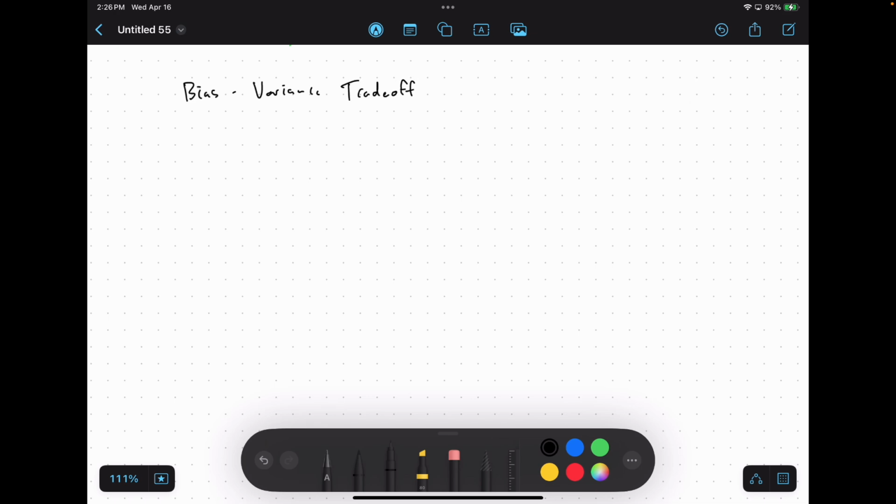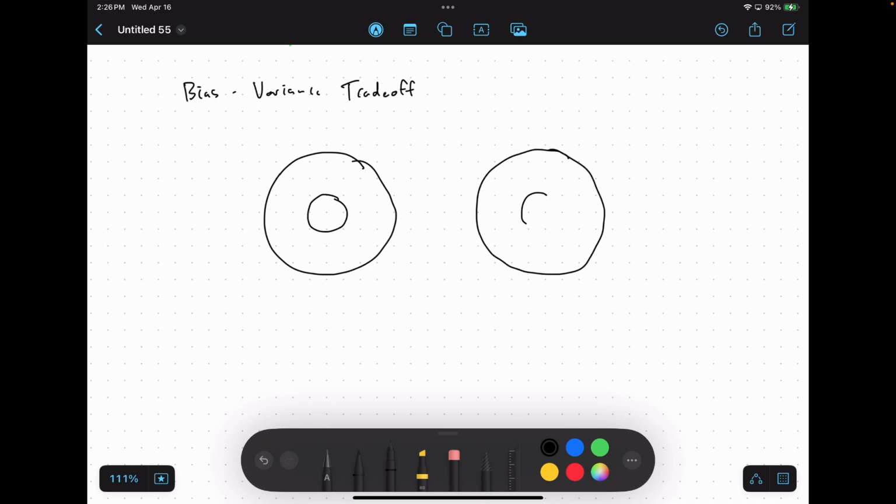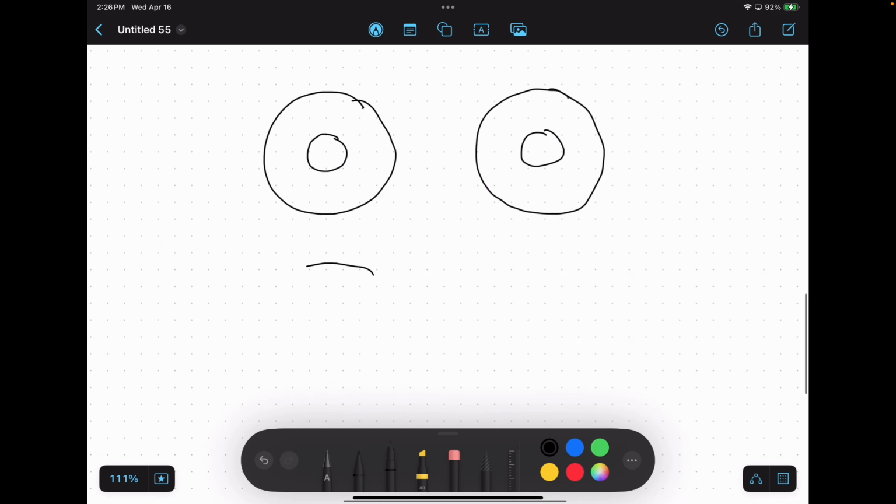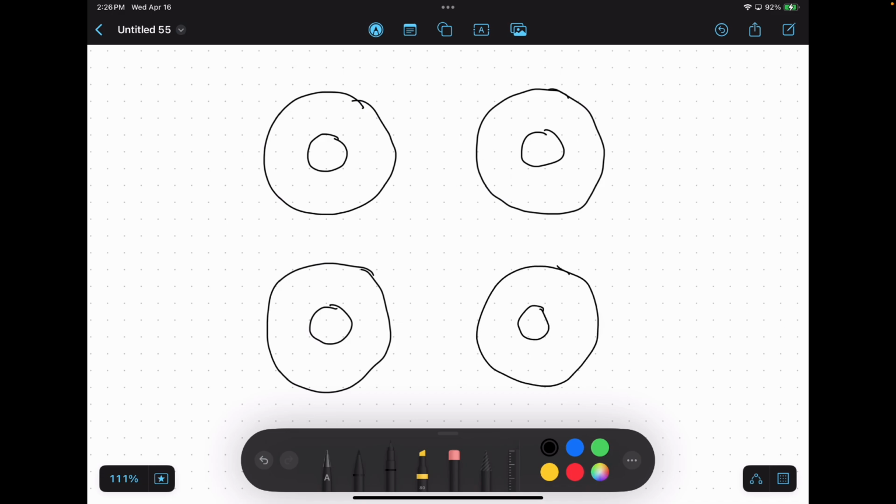Okay, I'm going to do a pretty simple example here. I'm going to draw 4 target areas.